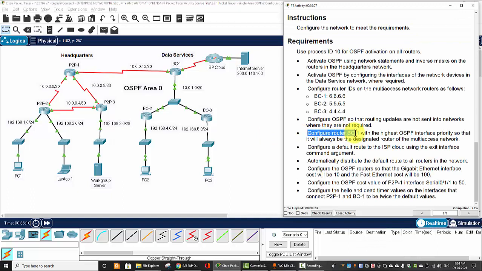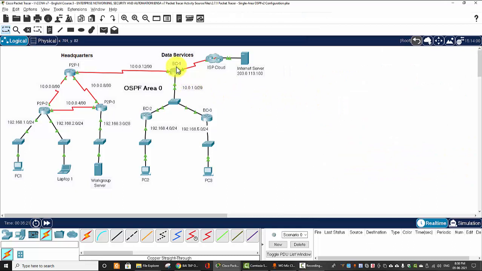Next, we will configure router BC1 with the highest OSPF interface priority so that it will always be the designated router of the multi-access network. Here we have BC1, BC2 and BC3, and each router has one interface connected to the switch, and this interface has a priority parameter.